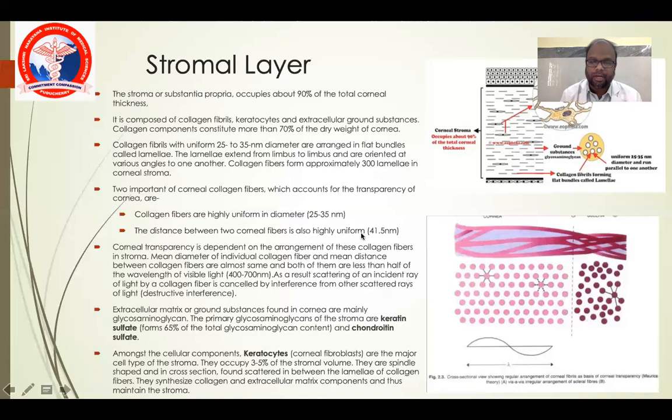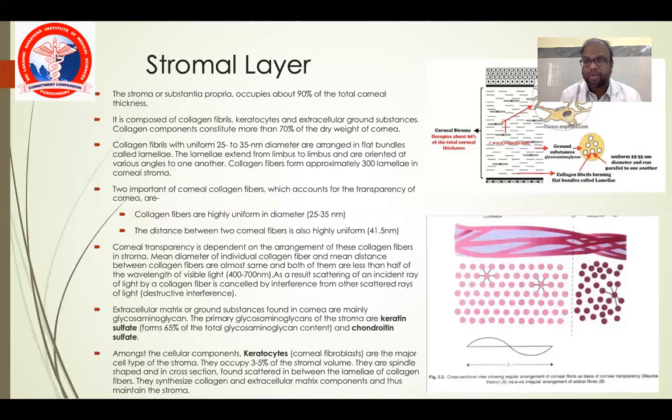Okay, so the corneal transparency depends on the arrangement of these collagen fibers in the stroma. The mean diameter of individual collagen fibers and the mean distance between the collagen fibers are the same, and not only that, both of them are less than half the wavelength of visible light. That is why you get the transparency.